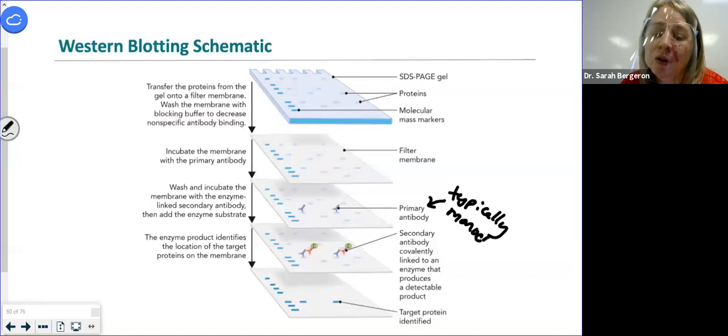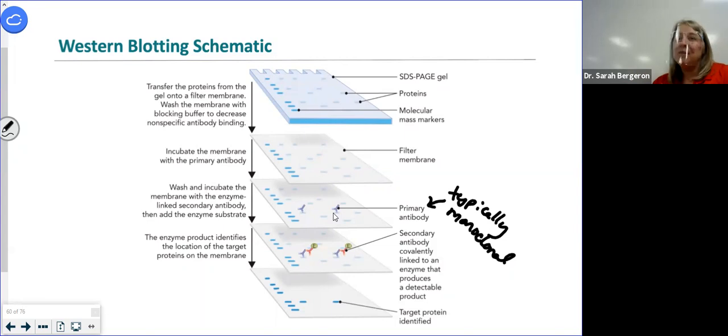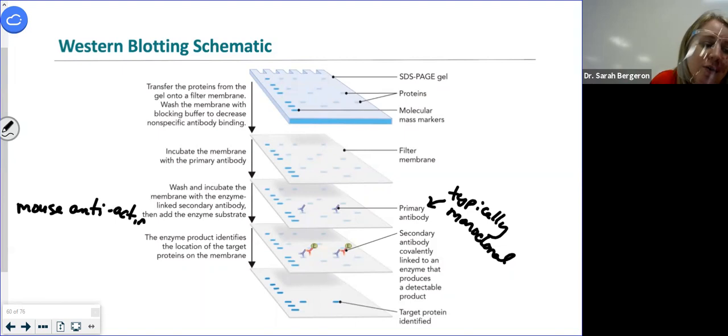monoclonal, right? Because I want it to be very, very specific, right? So my primary antibody can be like a mouse, and I'm going to say my protein of interest is actin, right?